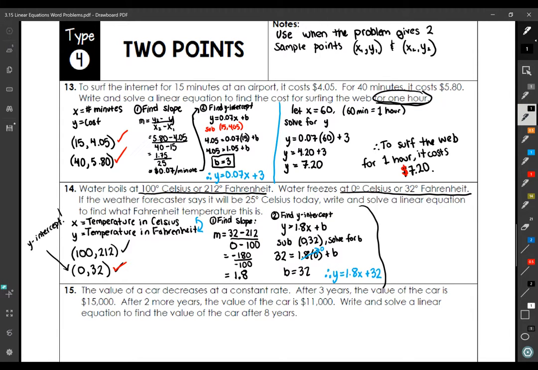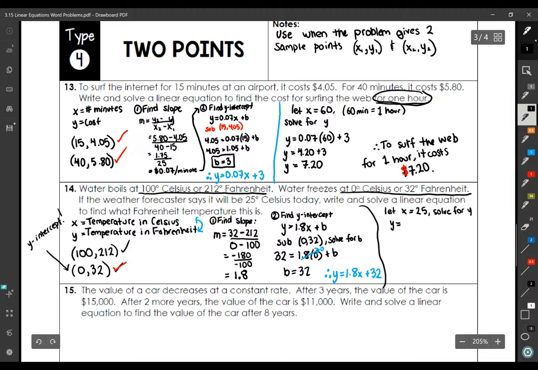Write and solve a linear equation to find what Fahrenheit temperature it is if the forecast says 25 degrees Celsius. They're giving us the temperature in Celsius, and they want us to find it in Fahrenheit. Since x is Celsius, I'm going to let x equal 25 and simply solve for y.